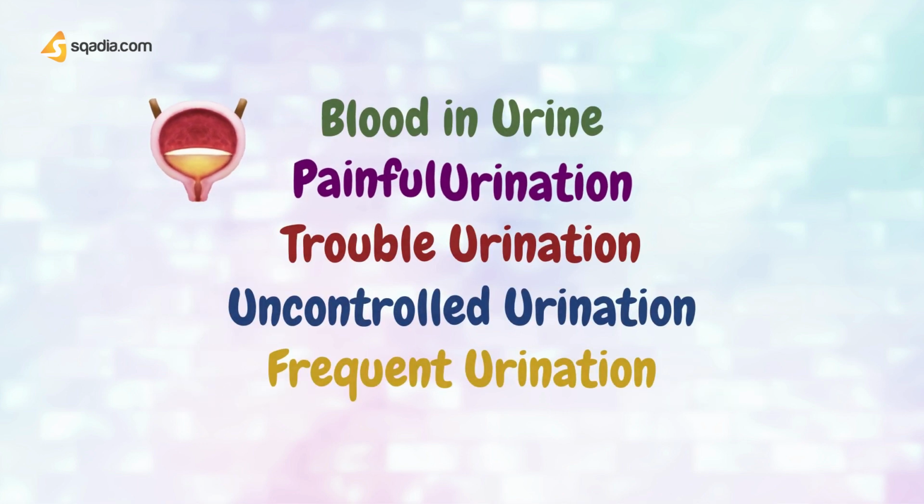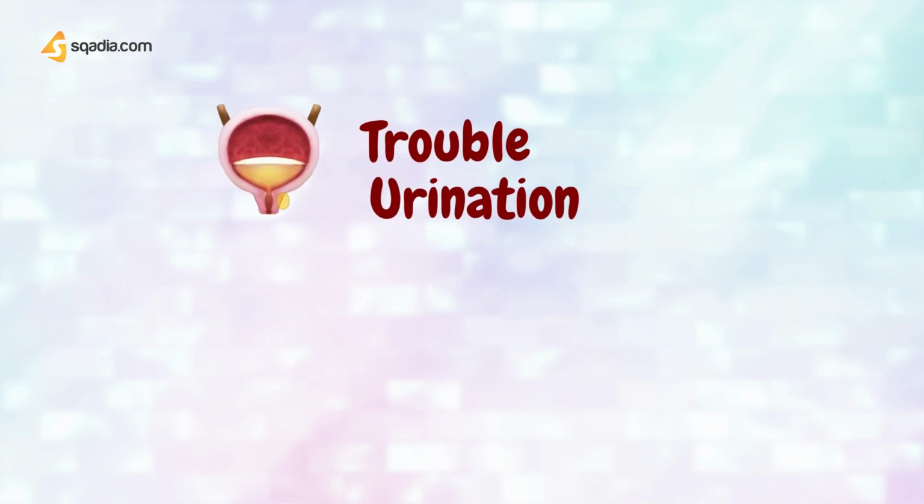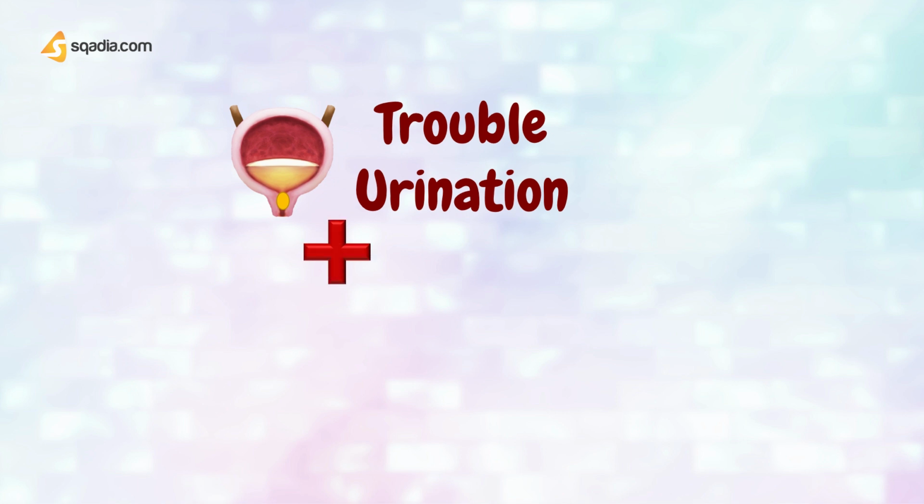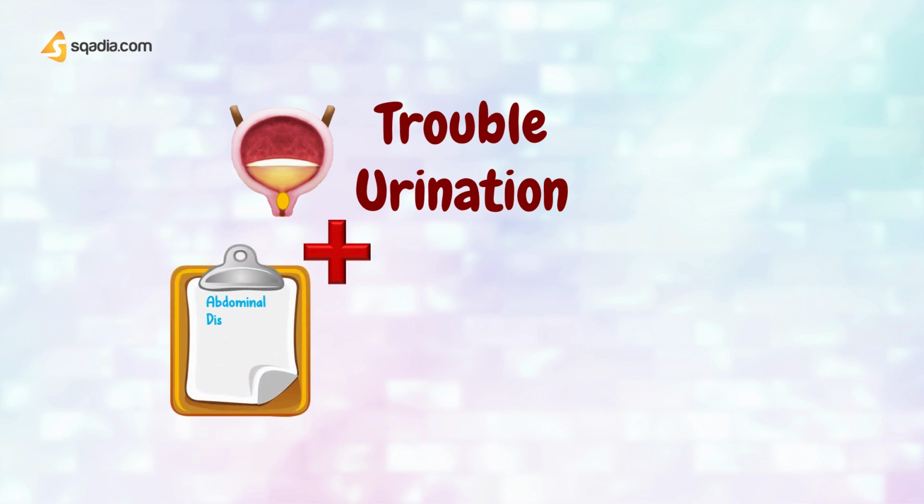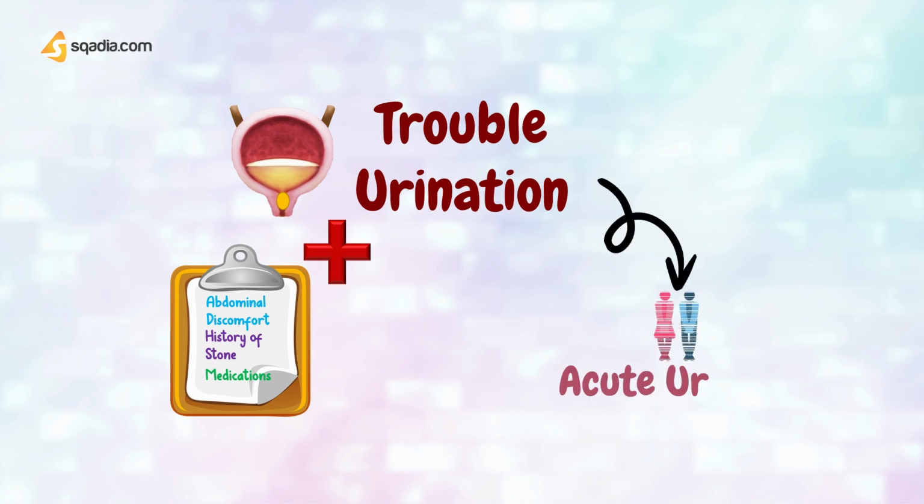Now talking about trouble urinating. If the patient has lower abdominal discomfort, history of prostate trouble or kidney stones, sometimes occurring after taking anticholinergic medications such as Benadryl, then they are suspected to have acute urinary retention. It is inability to urinate that is mostly due to acute kidney injury.